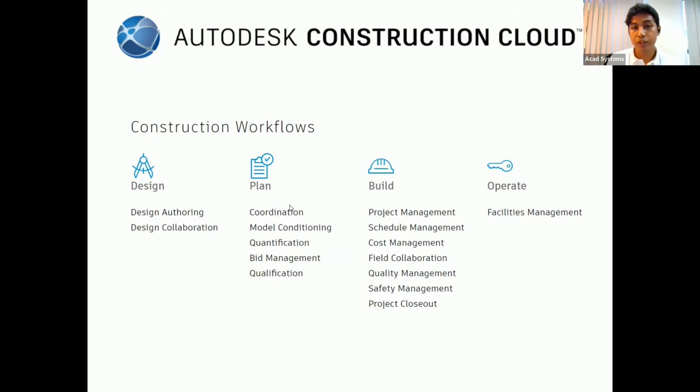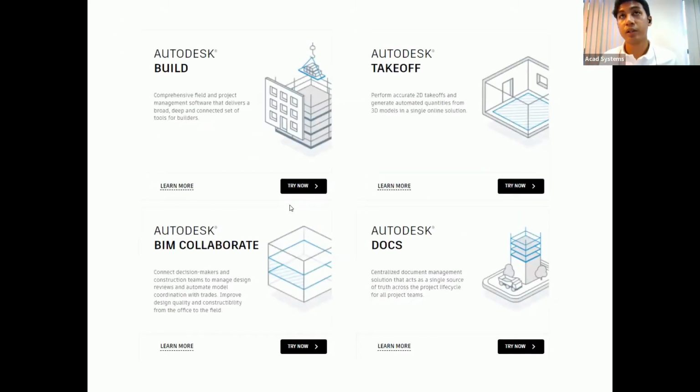So I'm just going very quickly over what is ACC. In ACC, it contains different tools. For example, we have Autodesk Build, Autodesk Takeoff, Autodesk Docs, and also Autodesk BIM Collaborate.